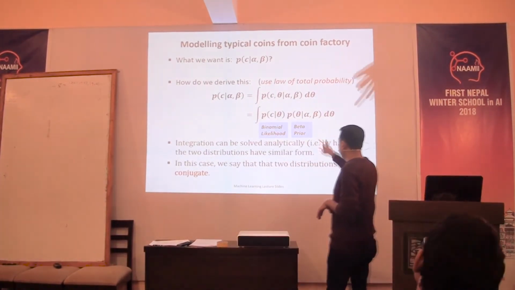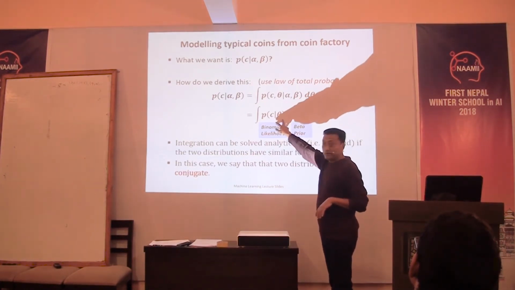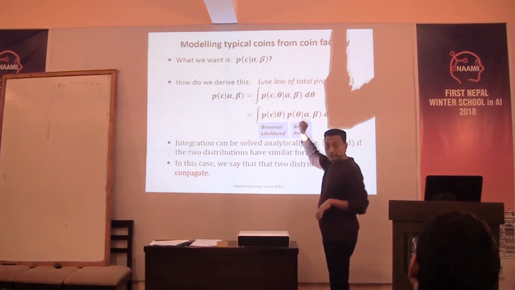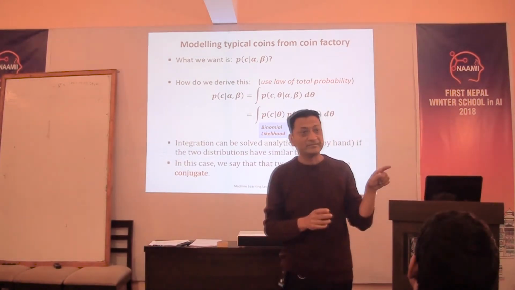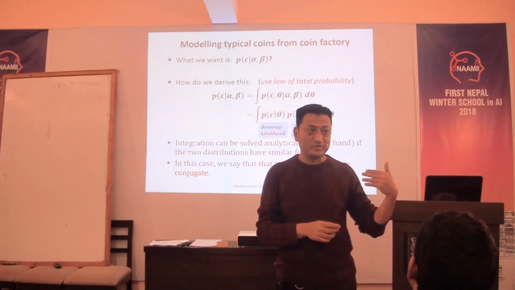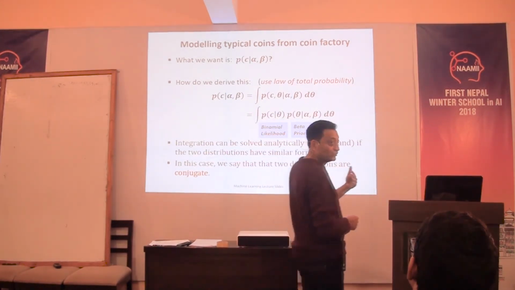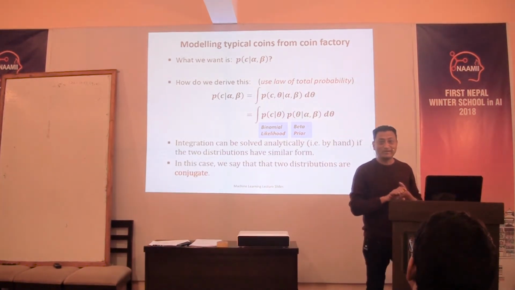The first Lego piece is the beta distribution. The second Lego piece is the binomial distribution. We're putting them together and we're doing an integration. Okay? I have told you what the beta distribution is. I've told you what the binomial is. And you have got a cheat sheet which tells you what they are as well.